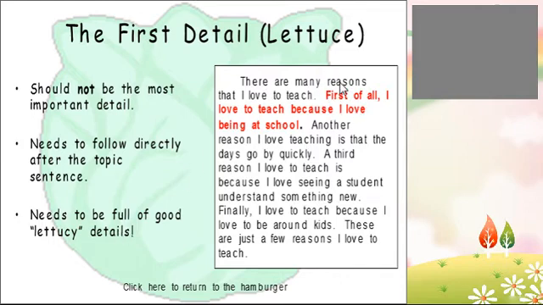The first detail should not be the most important. It's completely the opposite. It should be the least important sentence. We should keep the most important detail at the end of the paragraph.